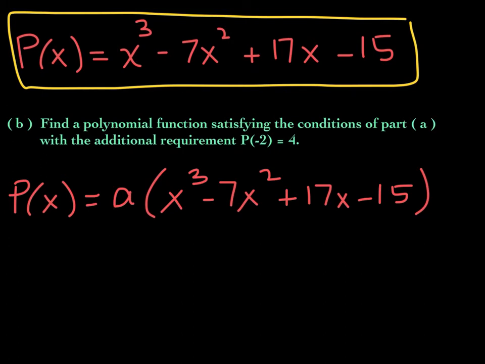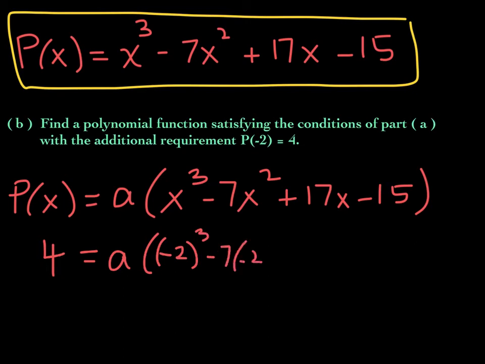So this is a more general form here. What we're going to do is replace p of x with 4, is what they wanted, right? So they need the output to be 4. Oh, excuse me, sorry, I think I have the wrong pen. There we go. We need the output to be 4, and we're going to be plugging in -2 for your x values.